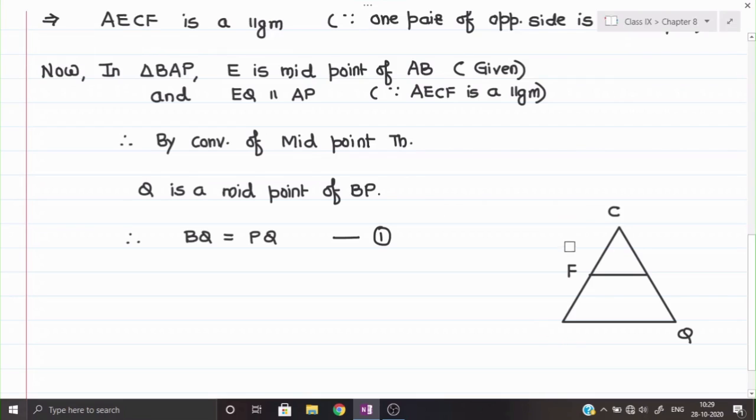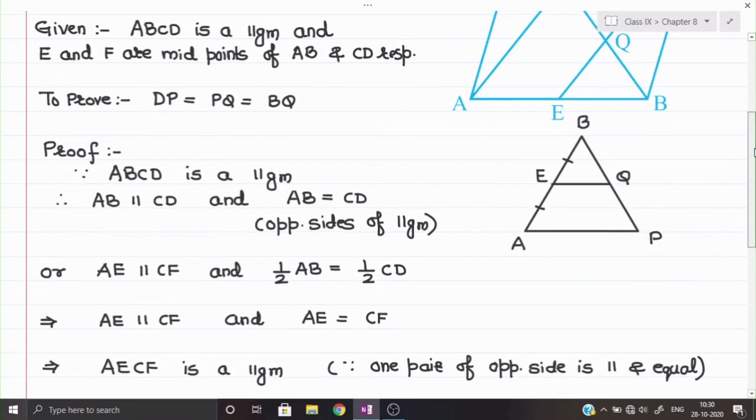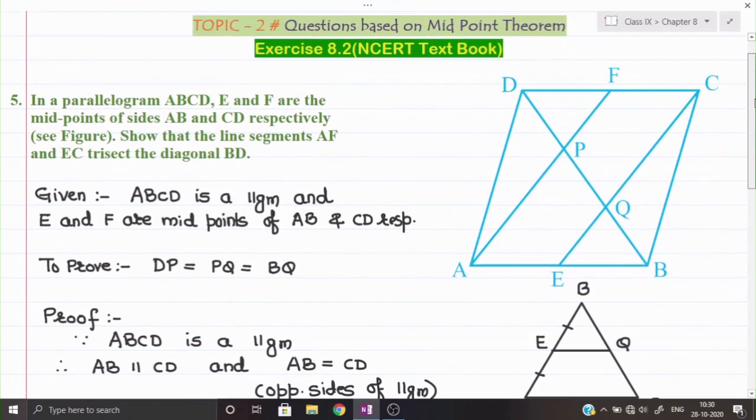Here we'll do one thing. Yes, here this point I am taking D and this point I am taking C. Again F is the midpoint of CD, that doesn't make any change. But now here I can take a point P. Observe, P is one of the points on the side DQ. See, I am showing you the figure again and again so you can compare.